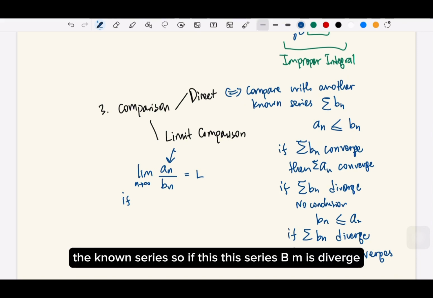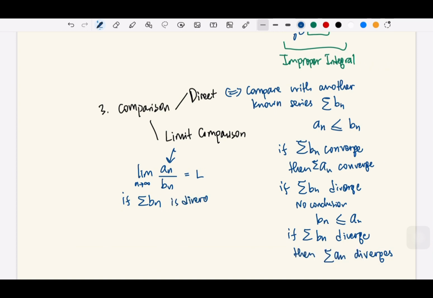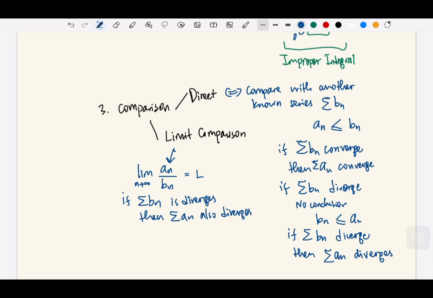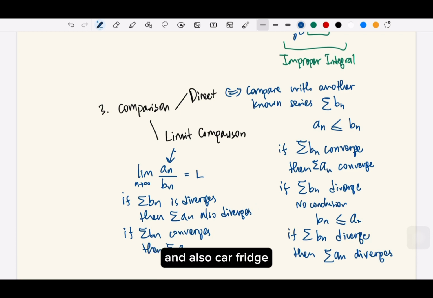So if this series Bn diverge, then An also diverge. If Bn converge, they're the same. An also converge.